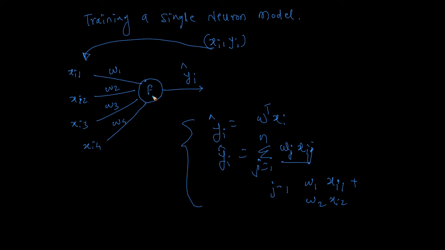Now let us write the loss function for this. If this is, let's say, the loss for the ith input, it is equal to yi minus yi hat. This yi is the actual output, and this yi hat is the output produced by our model.